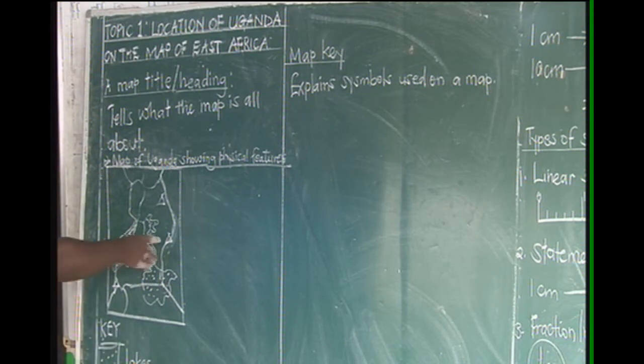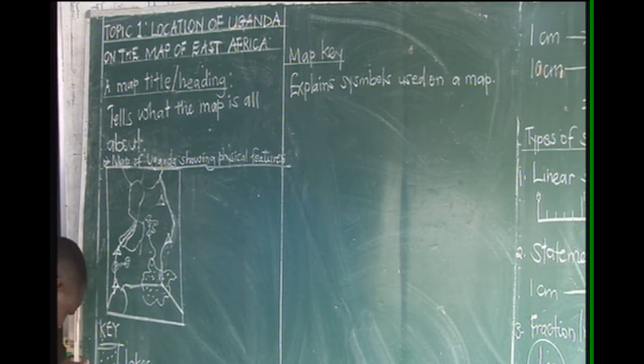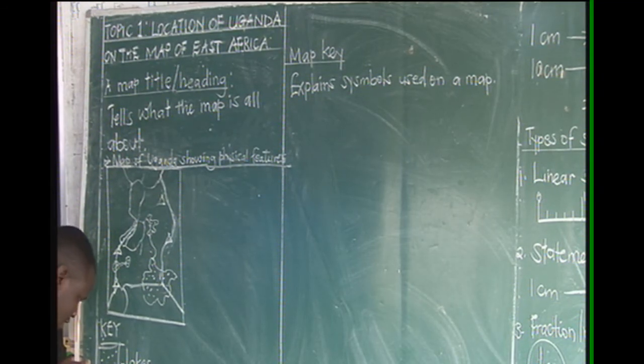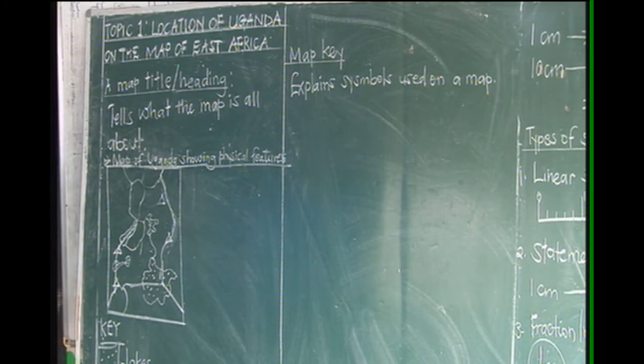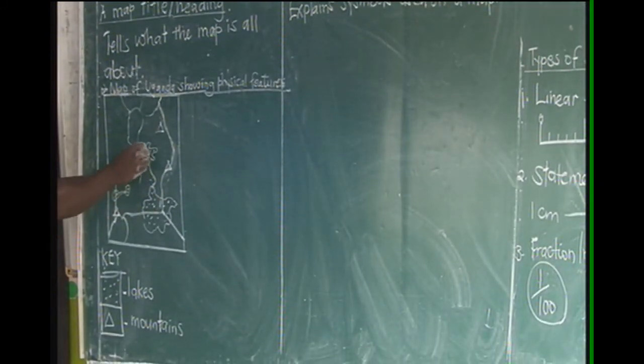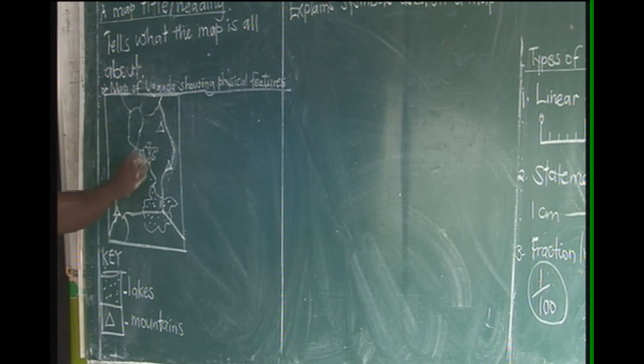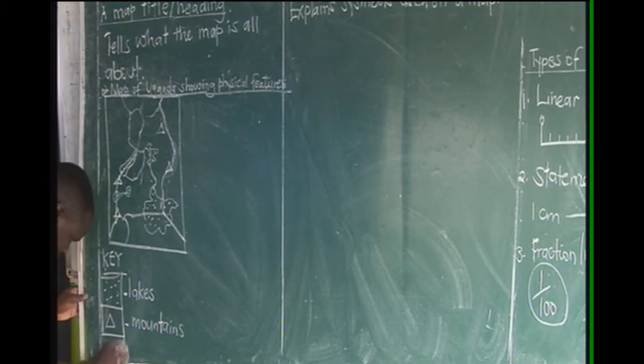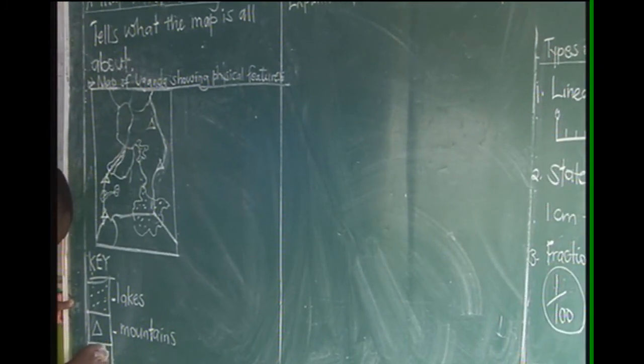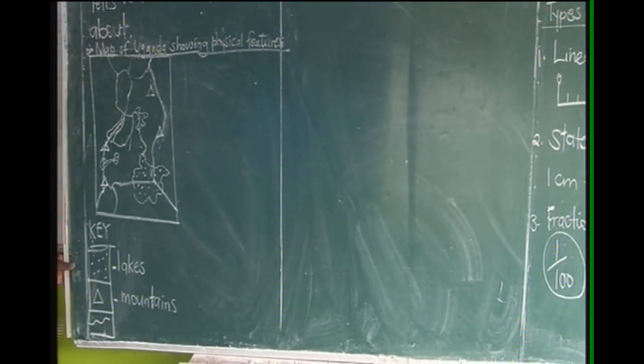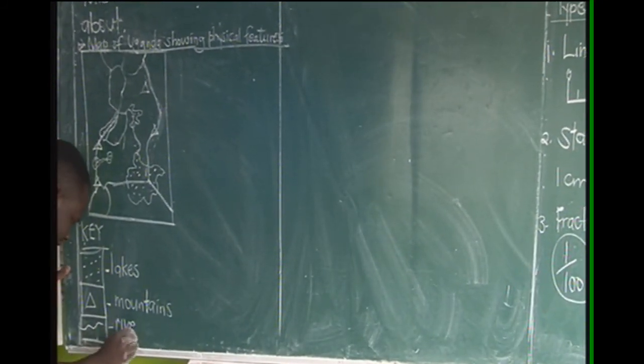Then we have these which are represented like triangles. So someone will know that these ones represented like triangles are the mountains. Then we have this that we represent by these drawings here. We draw them like this, and this can be reversed.